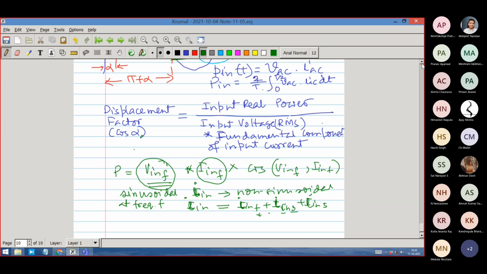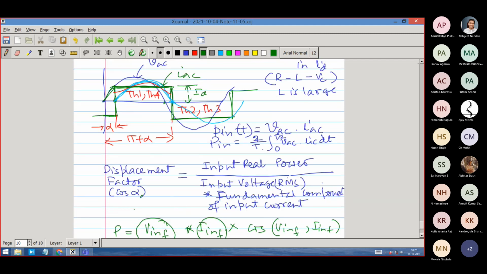It so happens that this angle is our firing angle alpha. So displacement factor is cos alpha. This is the definition of the displacement factor, where alpha is the firing angle.